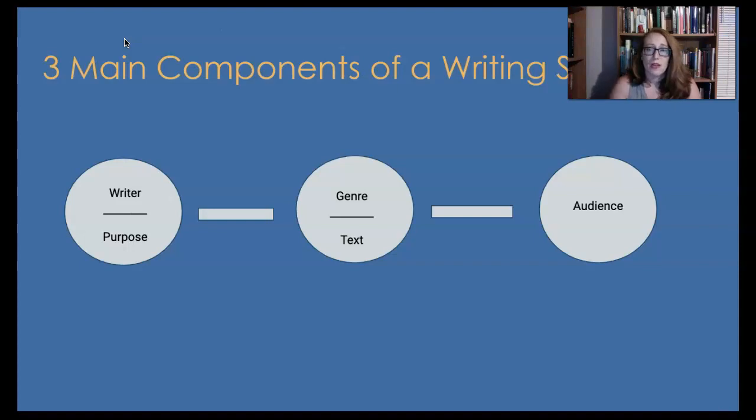So when I'm thinking about the writer or the purpose, sometimes I'll ask you, what is your end game? What is your goal? When you write this paper or someone is reading this, what is it that you want to happen? What are you wanting them to take away? Are you wanting them to laugh? Are you wanting them to agree with you or see where you're coming from?